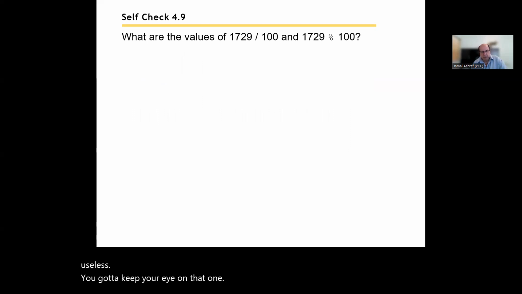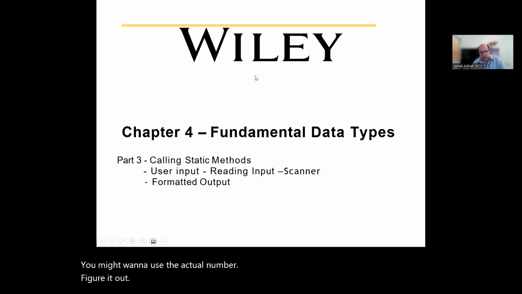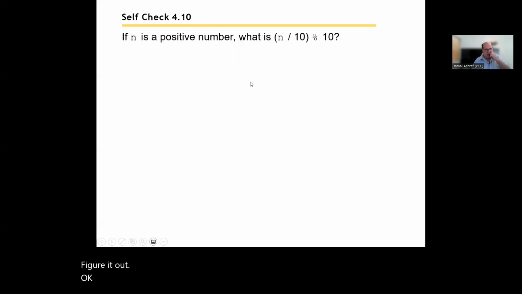We did this earlier, so you should know how to do it. So what is n divided by 10, and n mod 10? You might want to use an actual number to figure it out. Okay, that concludes this section.